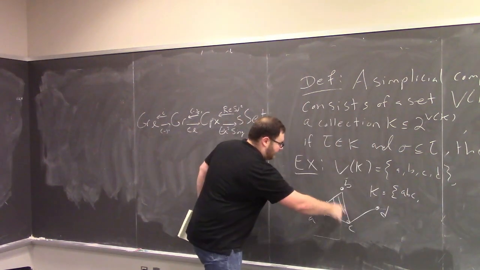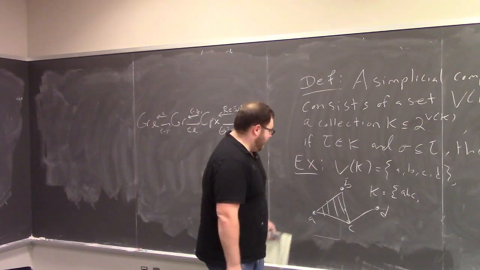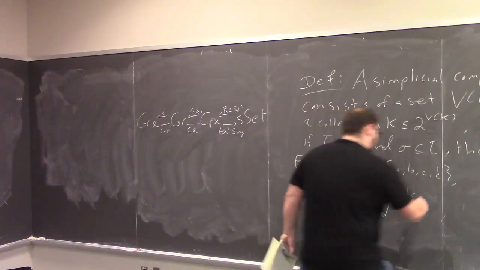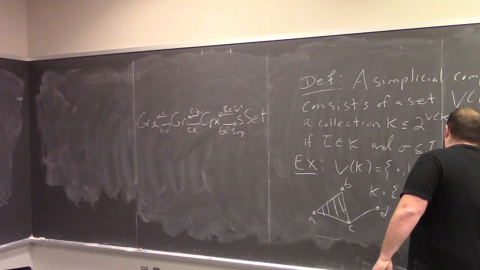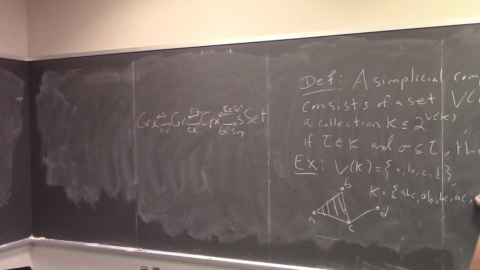That's this simplex, the subset ABC. And then I have to have every subset also belong to it. So that means I have AB, BC, AC, and then I also have CD, A, B, C, and D. These are all the simplices, right?